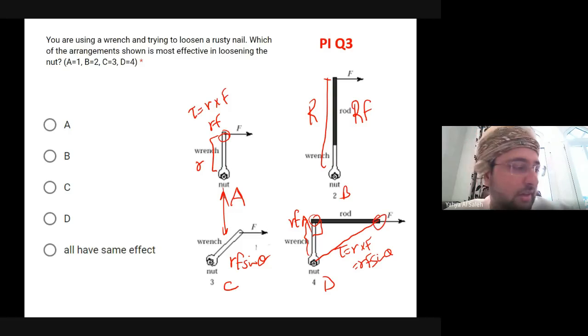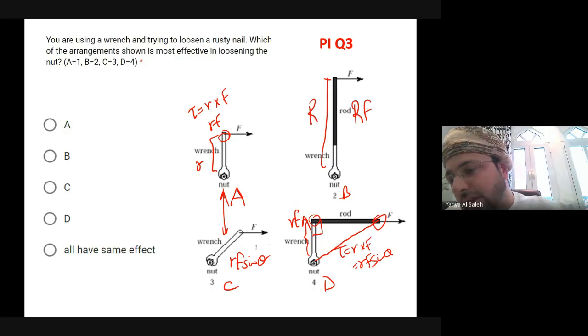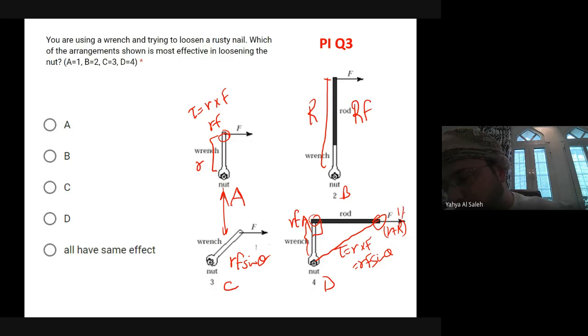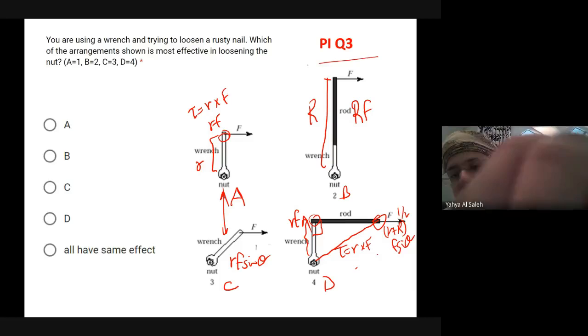And if you're holding it from here, you will get slightly more, so root of R plus R squared times F, but then again, you will have an angle theta. So your correct answer is B.